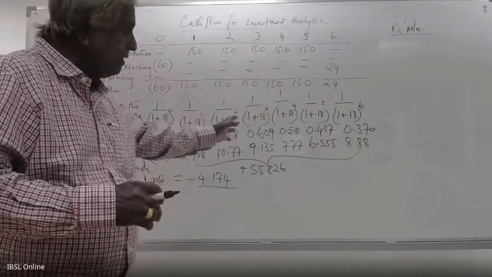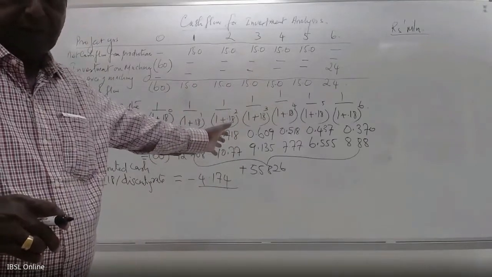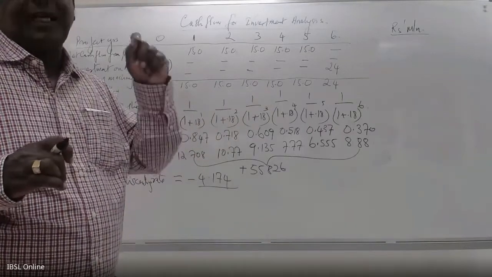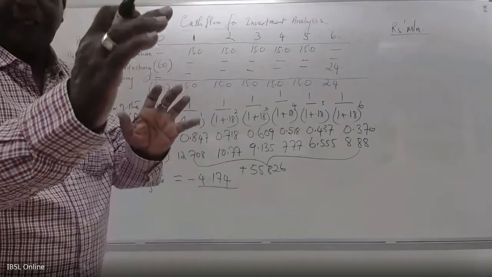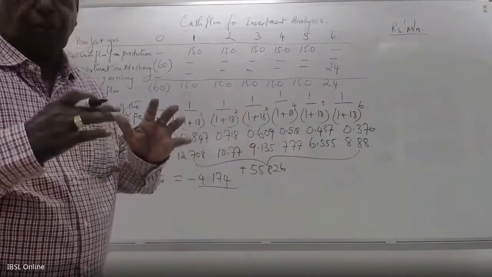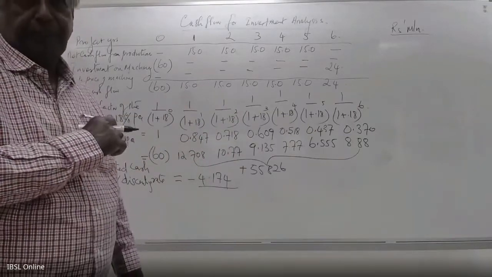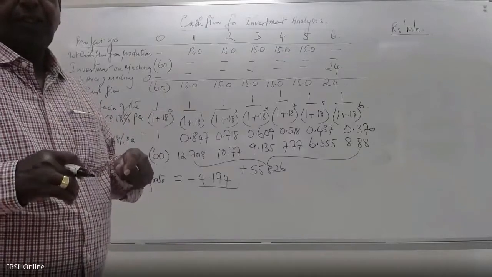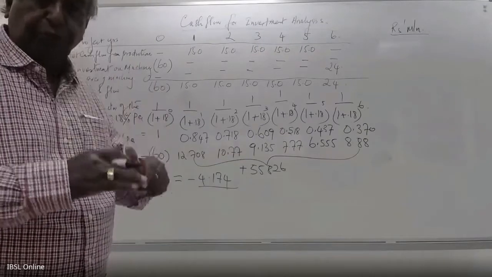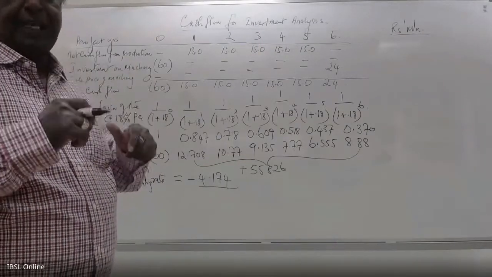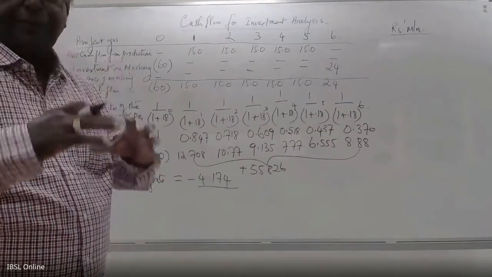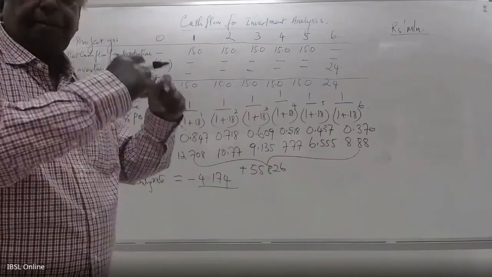So this is the discounted cash flow. In a discounted cash flow, the net value of all outflows and inflows in present value is called the net present value.